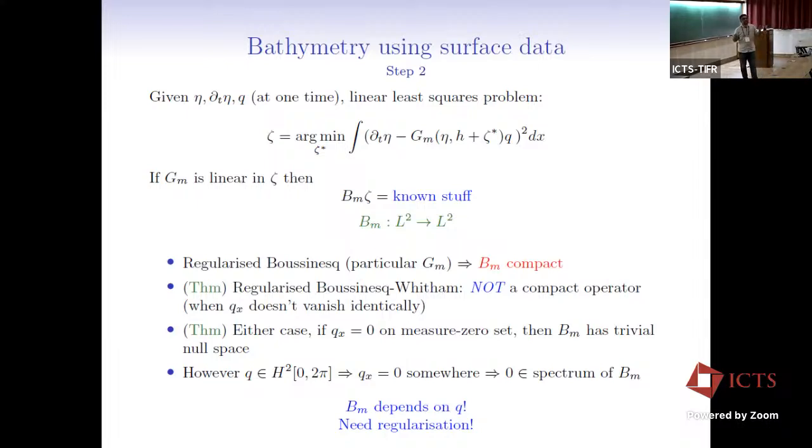You have to somehow regularize that problem to get rid of the zero singular values. If you make a different choice, it turns out it's not a compact operator that you need to invert. However, we have a nice statement that for a whole class of models, whether the operator is compact or not, the origin is always in the spectrum, right?